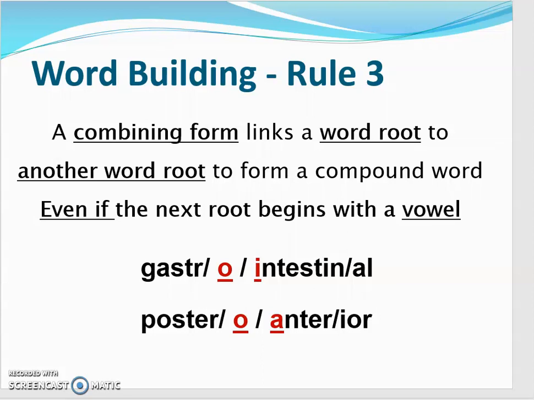We see here we're combining 2 combining forms, posterior-antero. Antero starts with an A, but according to this rule, we're going to retain that combining vowel nevertheless to connect these words together to make them easier to pronounce. Now you have a term that means posterior-anterior, meaning from back to front.